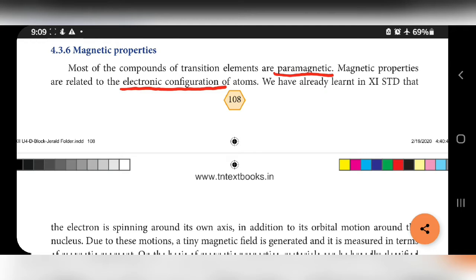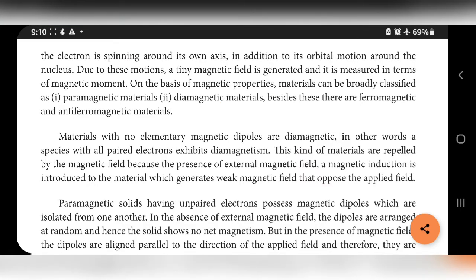Due to these motions, a tiny magnetic field is generated, and it is measured in terms of magnetic moment.